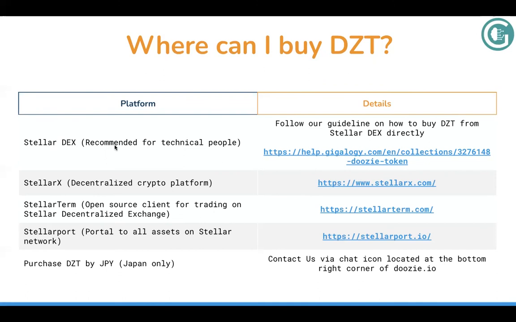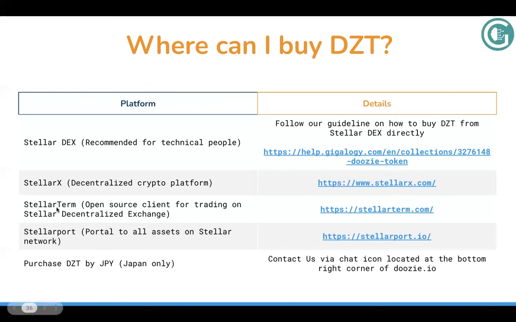But this is recommended for technical people as it is not so user-friendly. That's why we needed to create a guide for it. If you need a more user-friendly environment, then we would recommend using StellarX, which is a decentralized crypto platform.